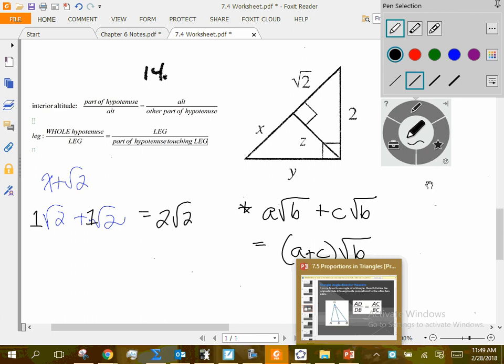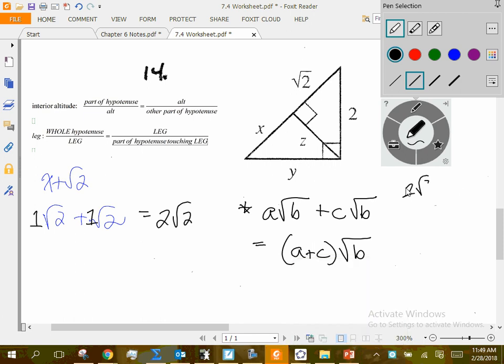So if I have 2 radical 3 plus 4 radical 3, there's my A, there's my C. Add them together, you get 6, and then my radical 3. It's almost like adding variables. If I had 2x and 4x, you'd write that as 6x, right? Just now your radical 3 is that variable component.